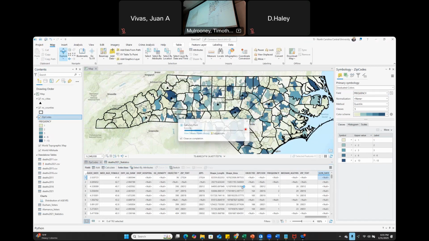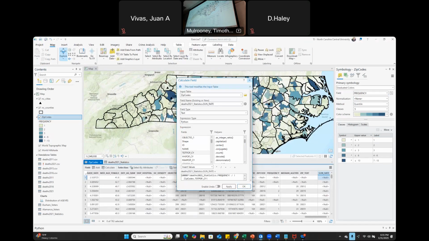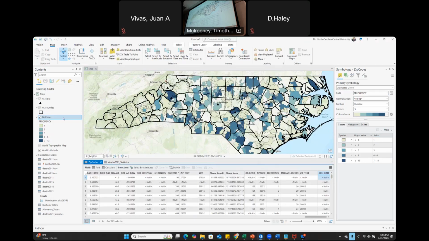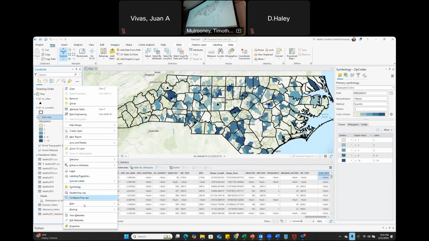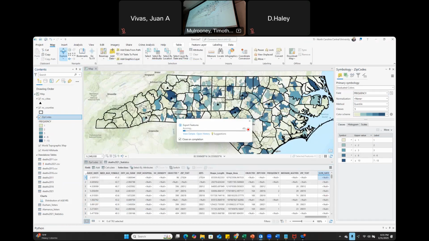Why doesn't it like, I know why. Just for the heck of it, I should probably just export this table. Is that a good idea, Chima?